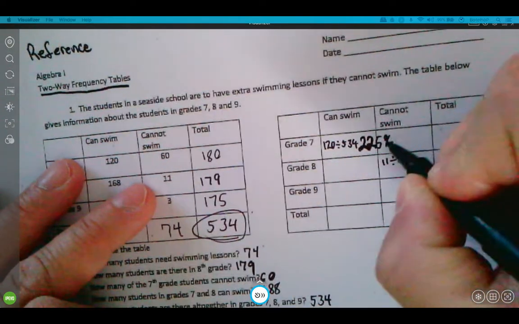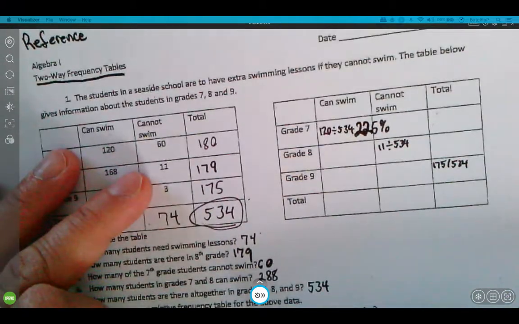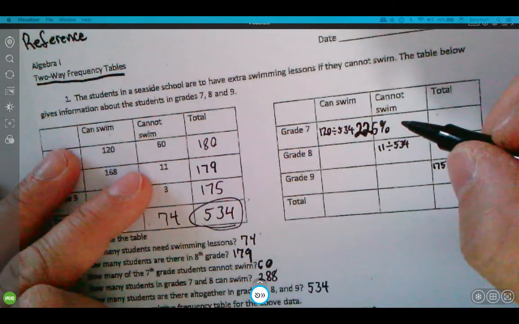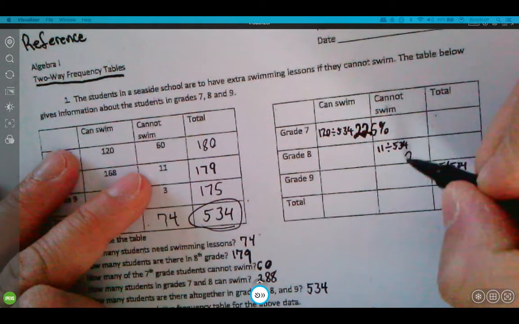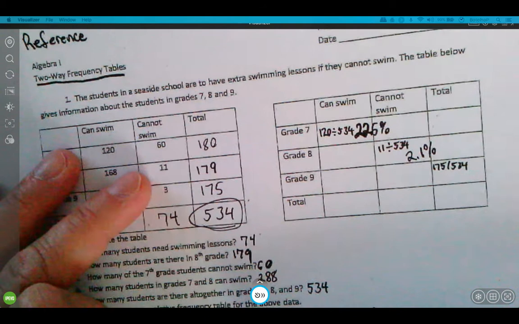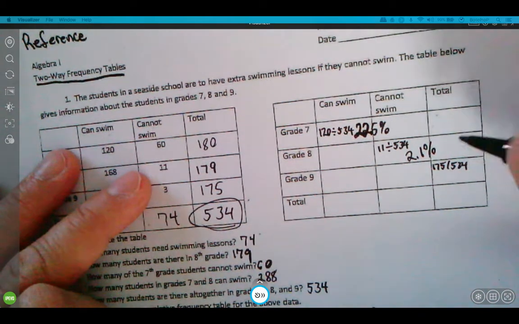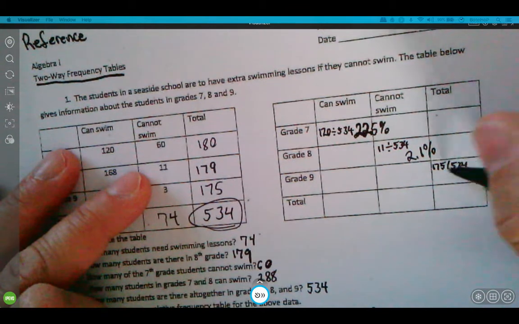I didn't. Sorry, it's 22.5. The next one, divided by 534, move it over 2, I would say 2.1%. That next one, 175 divided by 534, I would say 32.8%.